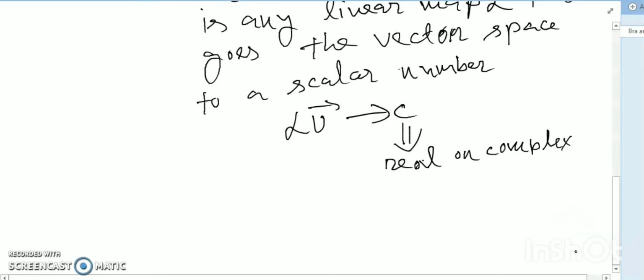So friends, basically it's any linear map that takes in a vector and spits out a number. Now that we know what a linear functional is, let's move back to R squared and figure out what the matrix for Lx looks like.